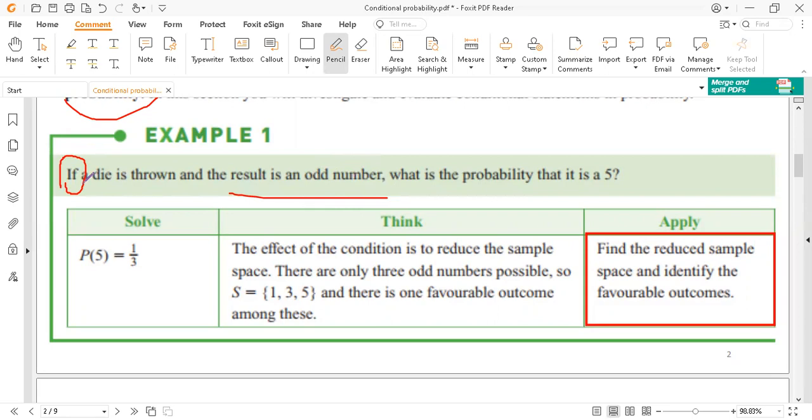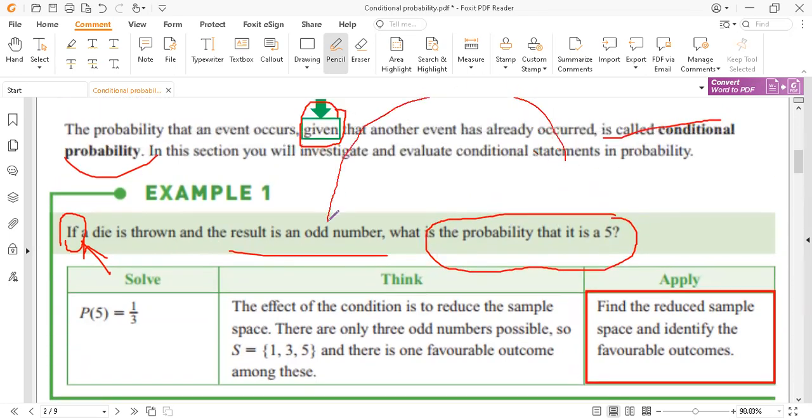Okay, we have a condition because we have an "if", so we will talk about conditional probability, and the probability that we are searching for is related to the outcome of the first stage with odd numbers.